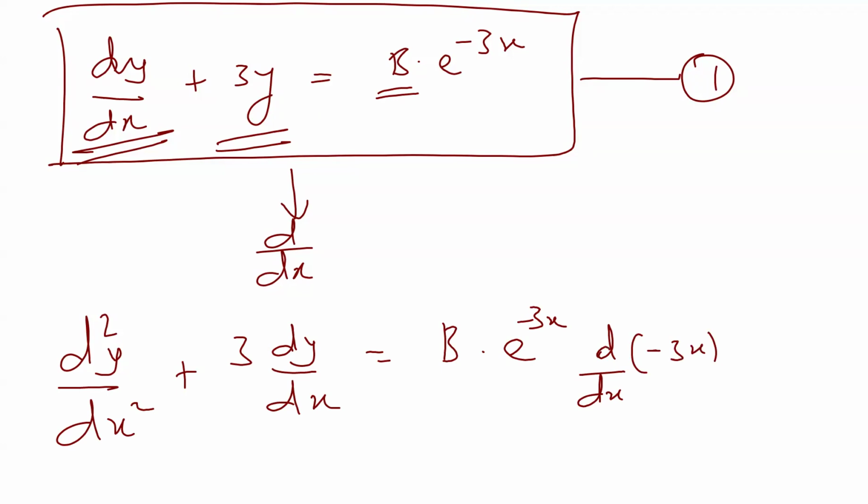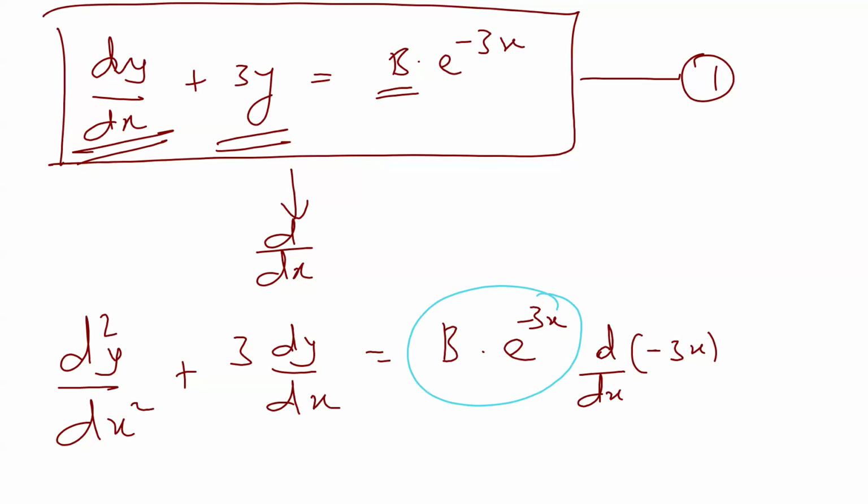Okay. Now tell me, what is this value? b e raised to minus 3x. We don't require it in the final proof statement.